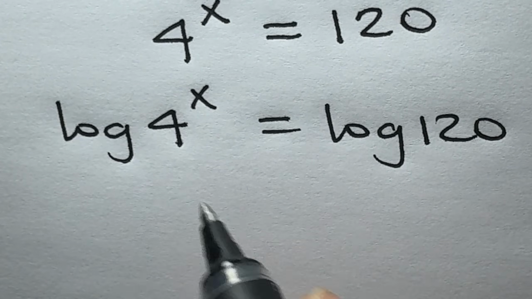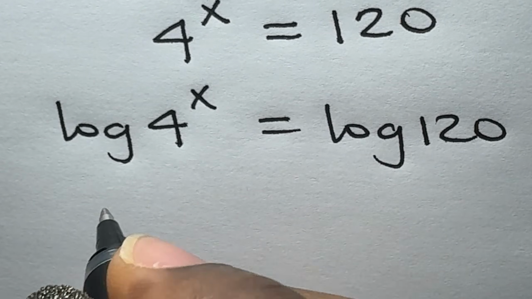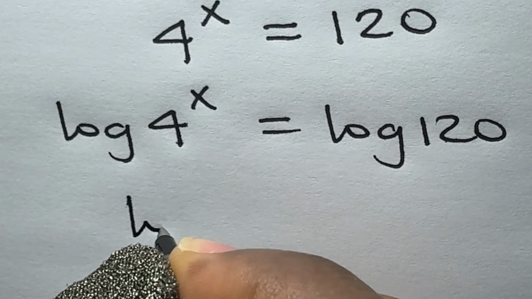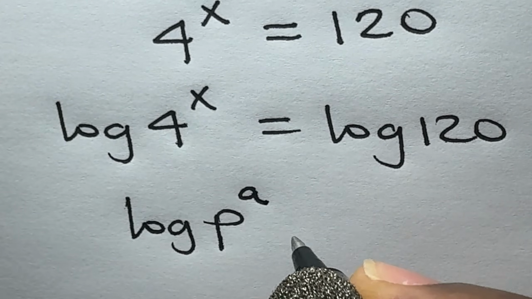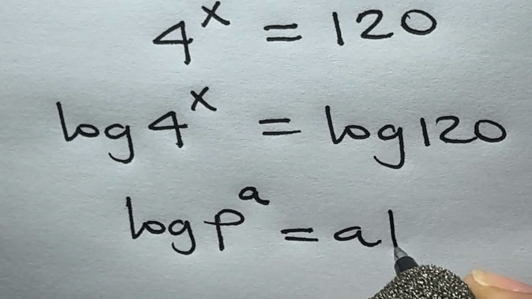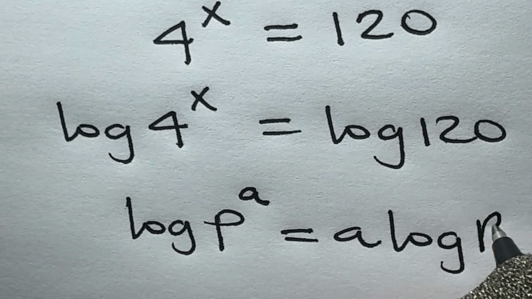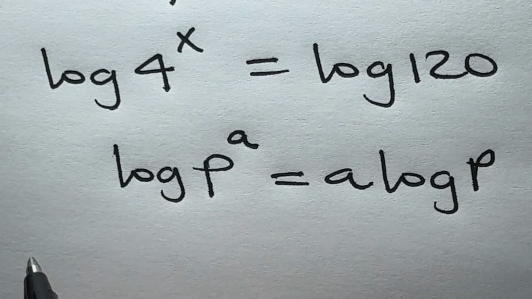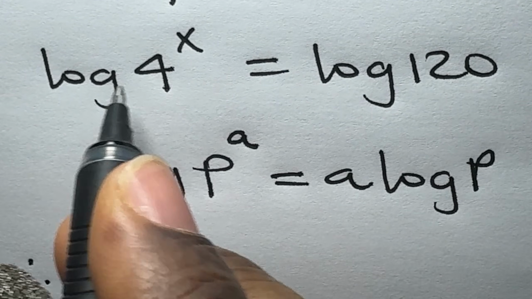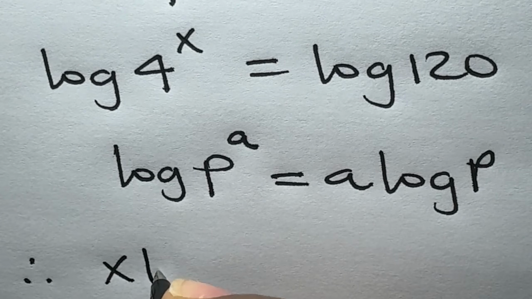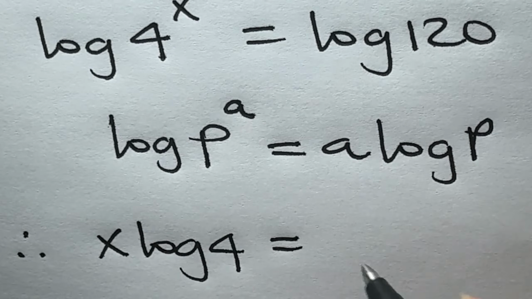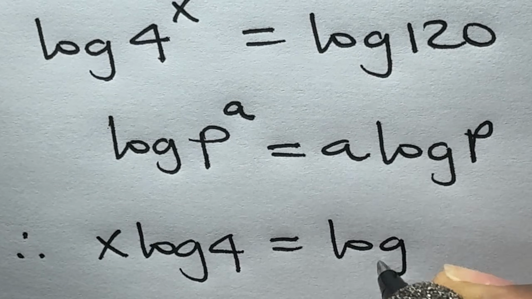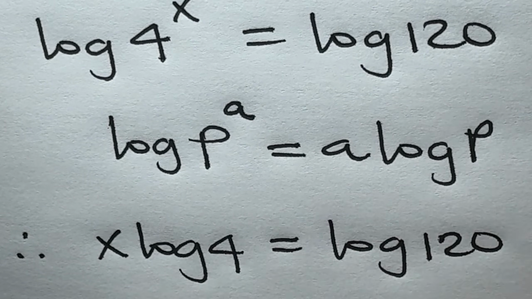Now by law of logarithm, the expression on the left is of the form log p raised to power a, which will give us a times log p. Therefore, this equation becomes x log 4 is equal to log 120.